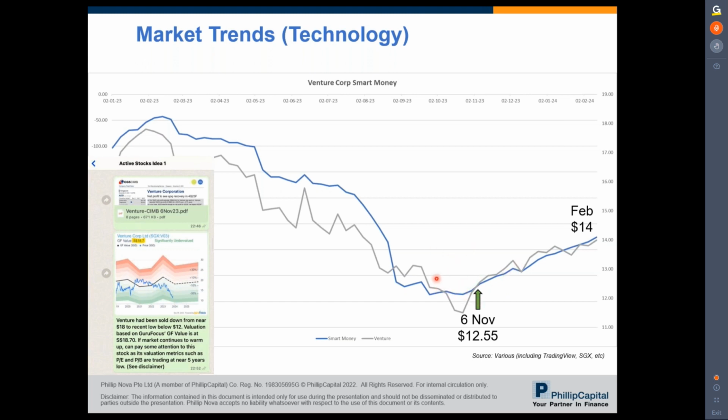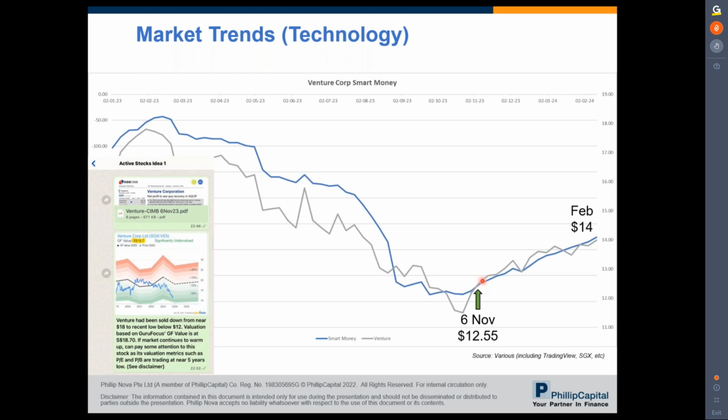So based on that investment idea, I then come here to select stocks listed on the Singapore Stock Exchange to look out for investment ideas and also trading opportunities. Thus, when I saw this signal by the smart money on Venture, I alerted my client as well as bought some stock for myself.